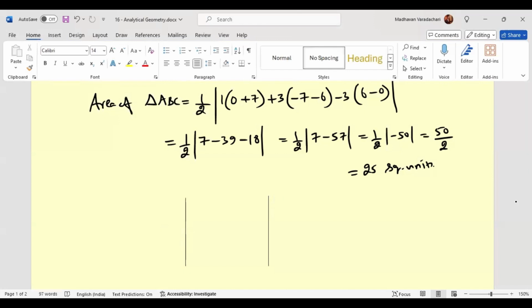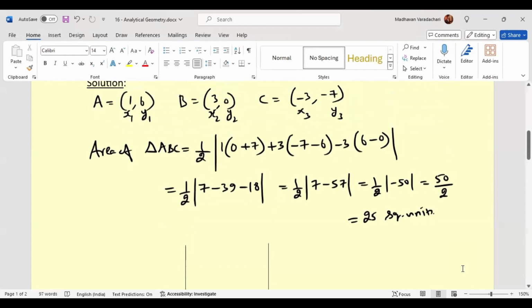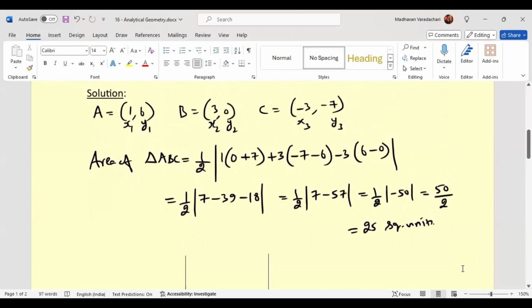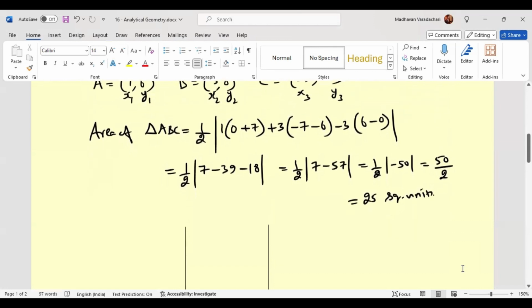Here we will have x1, y1 and 1. x1 is 1, y1 is 6, 1.